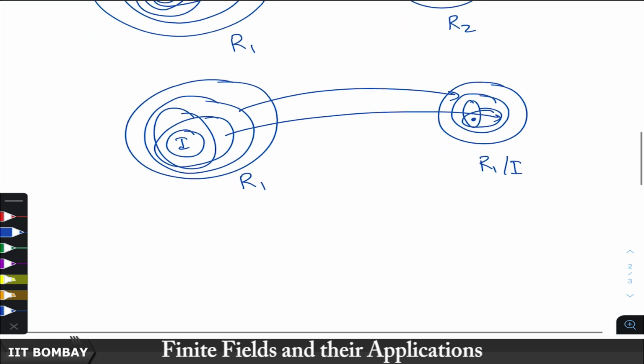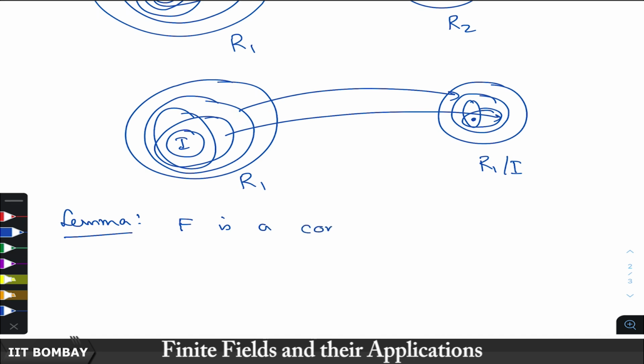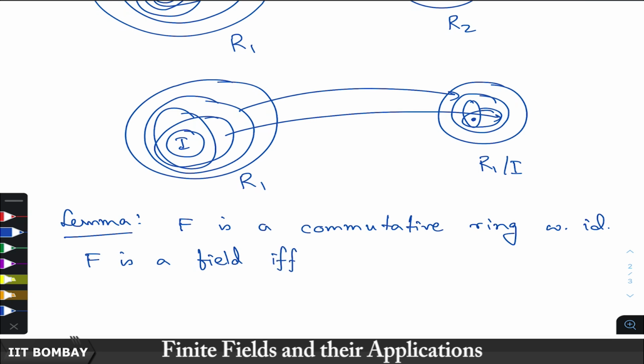Now, let us prove this simple lemma, which is that suppose F is a commutative ring with identity, then F is a field if it has no ideal other than the trivial ideals 0 and F.